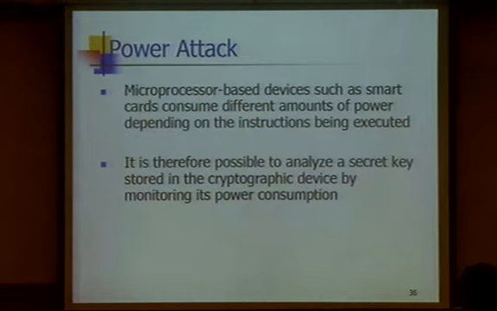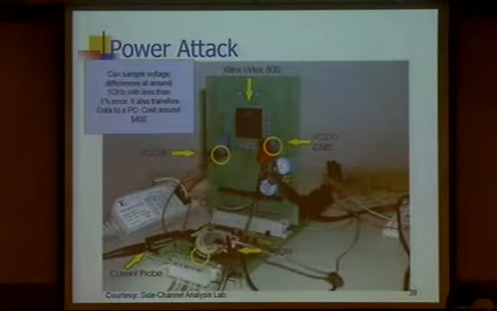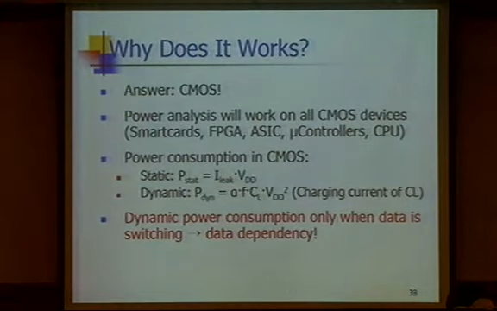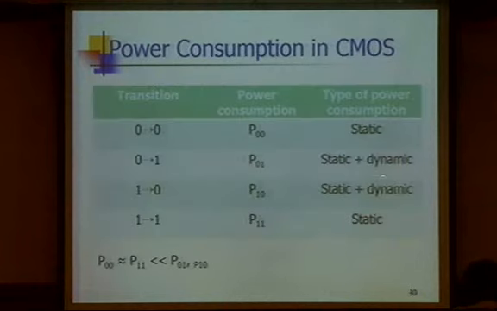Let's talk about the power attacks. Many microprocessor-based devices, such as smart cards, consume different amounts of power depending on the instructions being executed. This is because in all small devices, dynamic power consumption additionally occurs when the data is switched from 0 to 1 or 1 to 0.